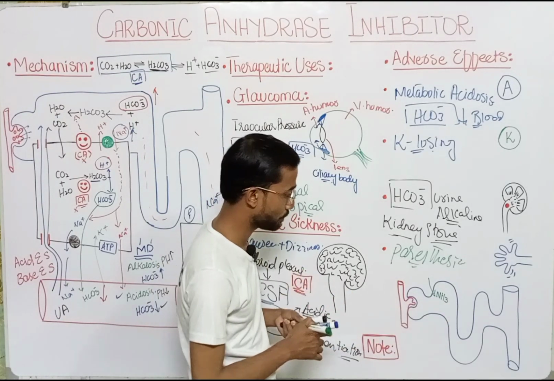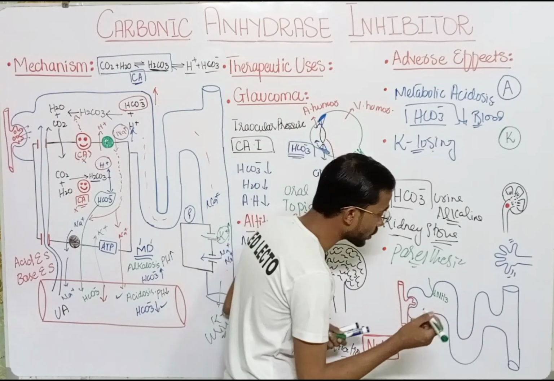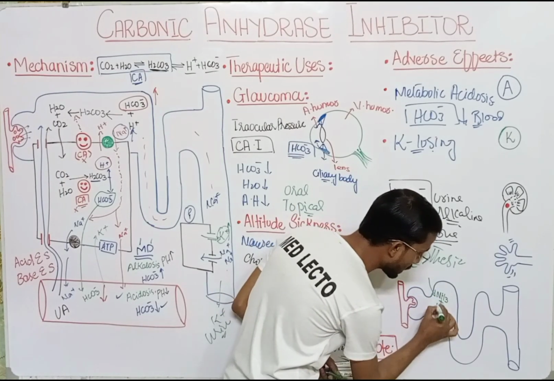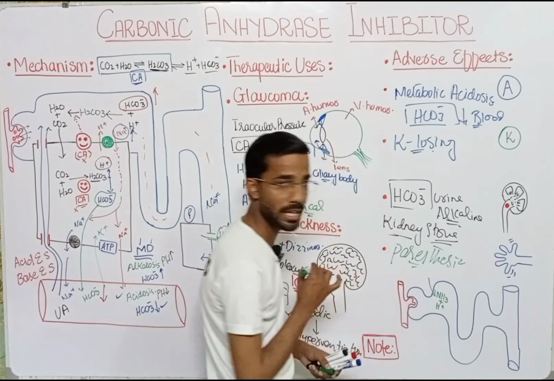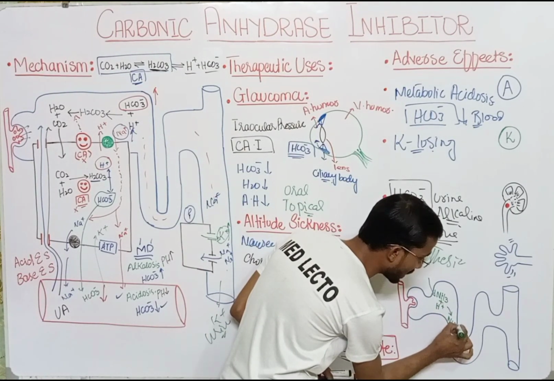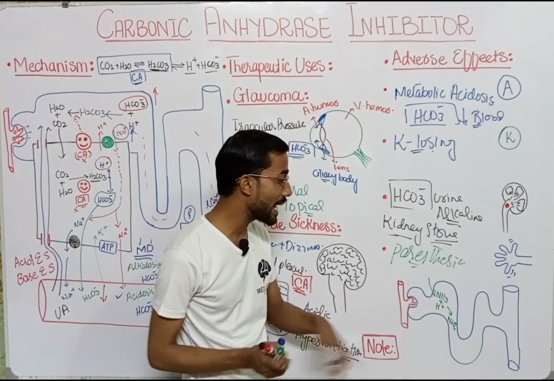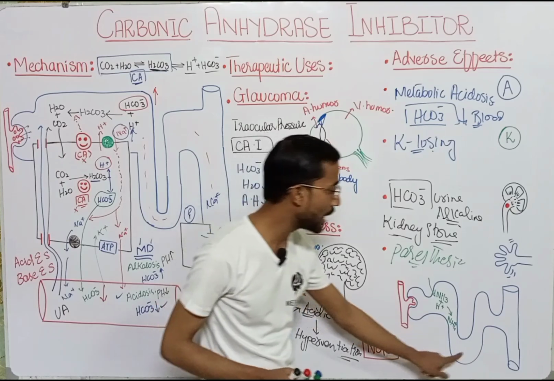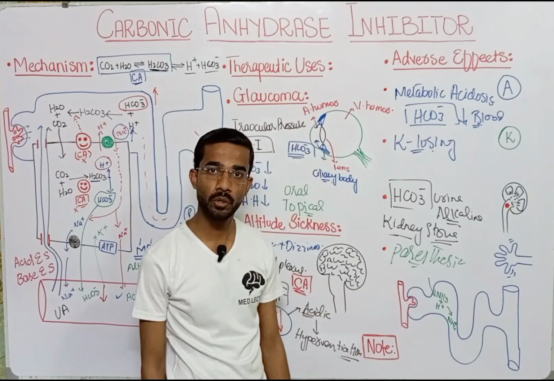Now in the normal situation, the ammonia combines with H positive and forms the NH4 positive ion. Now this NH4 positive ion is trapped in the tubule, and it will ultimately be lost in the urine.